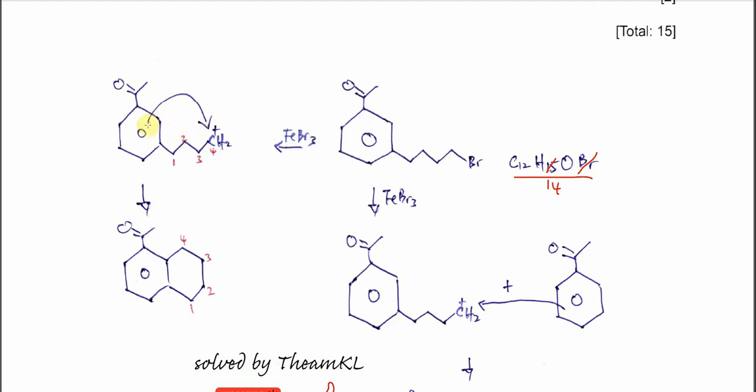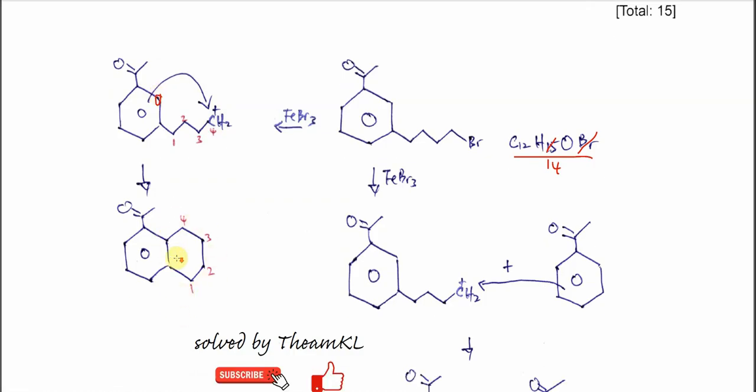The electrons from the benzene are donated out and form a bond with this carbocation. Eventually it will form this ring. You see the numbering, 1, 2, 3, 4. This carbon will form a bond with this carbon, so eventually it forms this ring structure. So this is the Z.